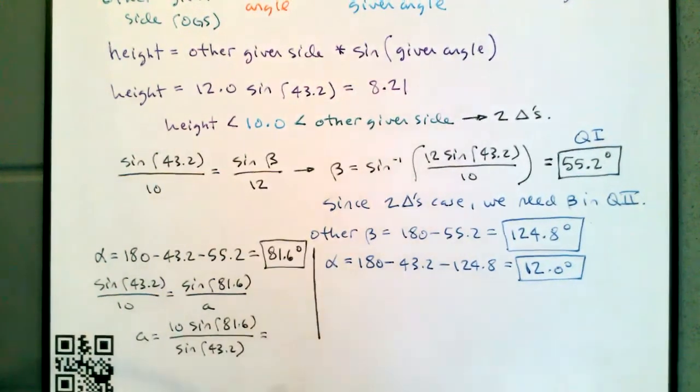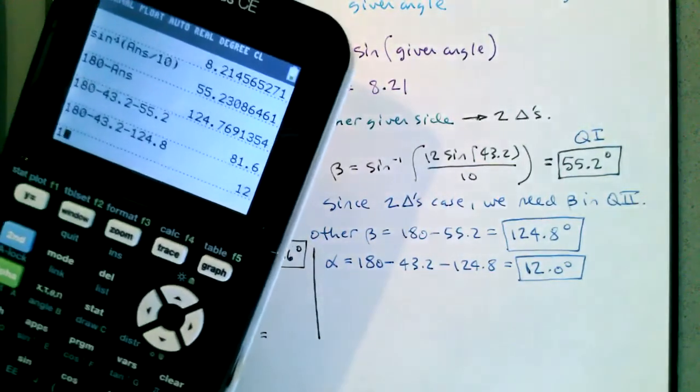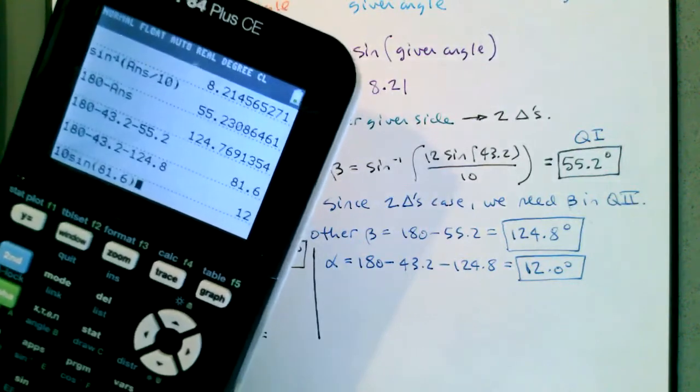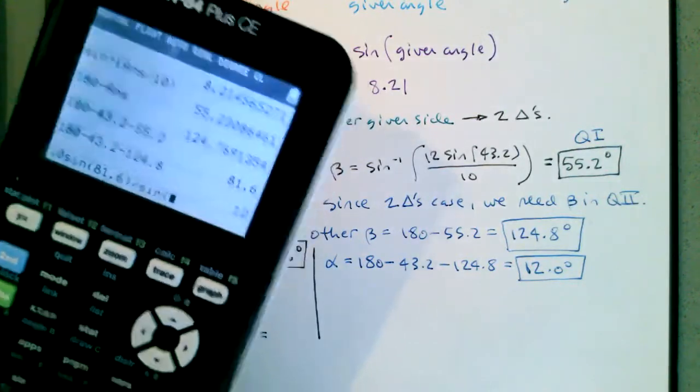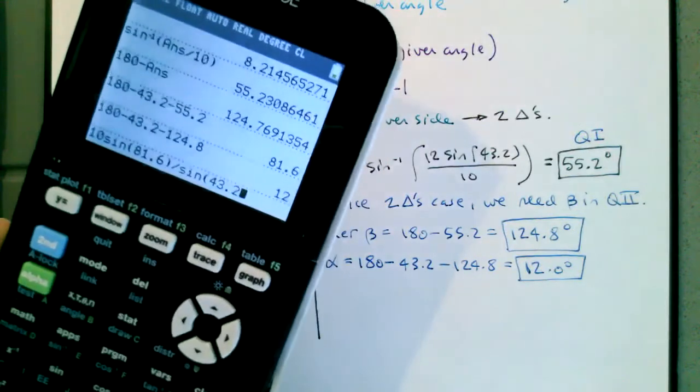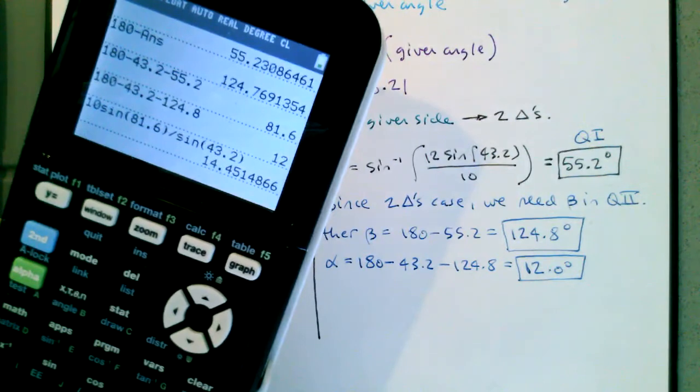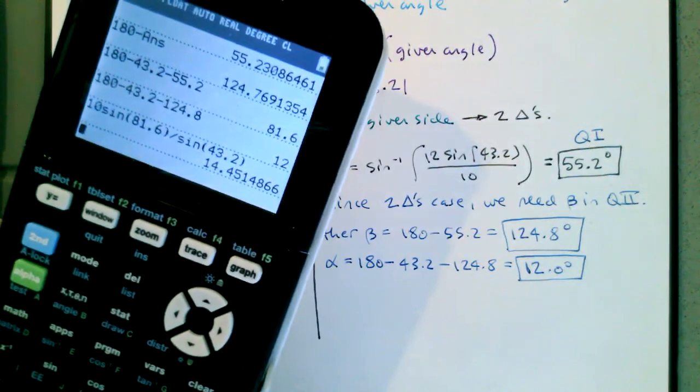Note that we're not using a sine inverse here because we're not looking for an angle. But I am going to be using rounded off information. So 10 sine of 81.6 divided by the sine of 43.2. So 14.5.